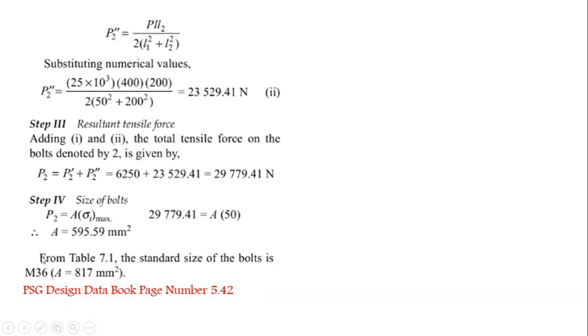In this book they follow a different standard. According to that, they will calculate it as M36. Okay, according to the design data book, M33 is the suitable bolt. Okay, thank you.